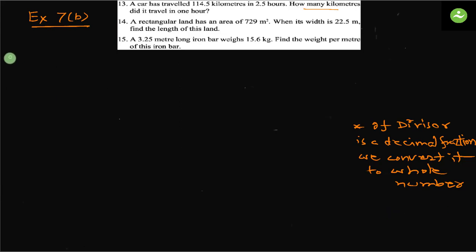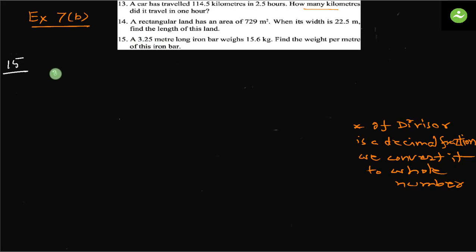Now, number 15. A 3.25 meter long iron bar weighs 15.6 kg. Find the weight per meter. That means we have to find the weight of 1 meter. So we put the weight on the right and the length or the meter on the left.